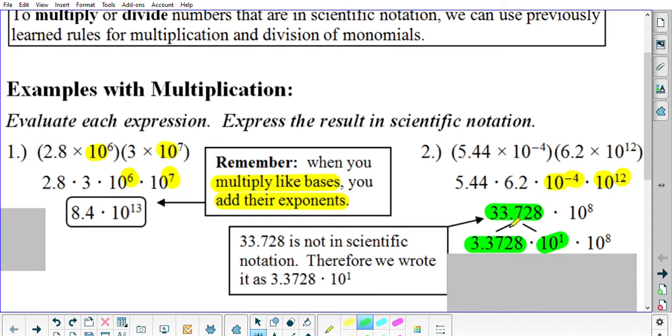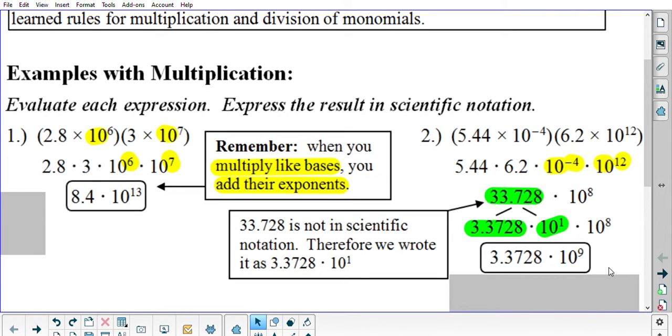That was a number that was already larger than 10, so this is why it is going to be 3.3728 times 10 to a positive 1 power. Only numbers that are small, like 0 point something, would have negative exponents when you write them in scientific notation, but that was not the case here. Here we had 33.728, so this is 3.3728 times 10 to the first, and then once we do that, we can take the 10 to the first times 10 to the 8th and get that to be 10 to the 9th. And now we have a final answer that is in scientific notation.